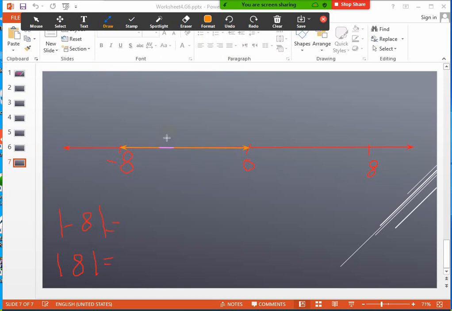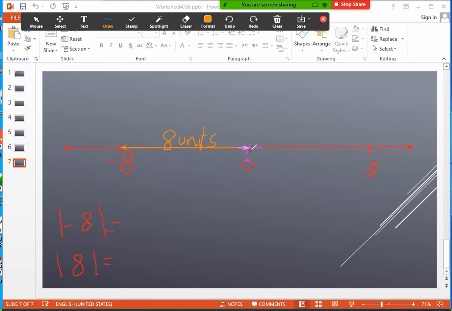There is no negative distance, okay? So if I want to find the distance, I have to count the units. How many units do I have to jump from 0 to negative 8? I have to jump 8 units. This is the distance, right?